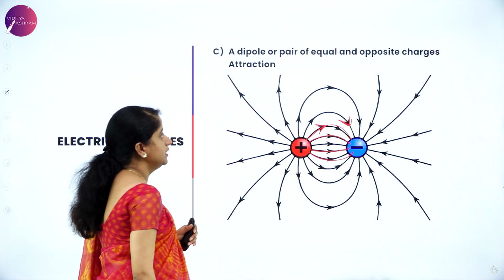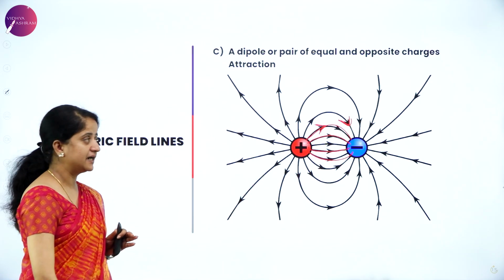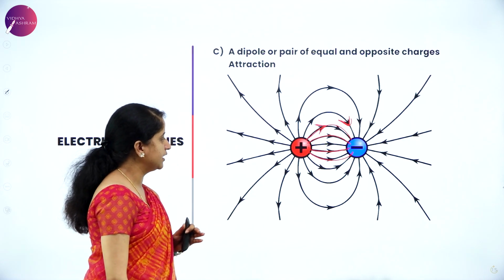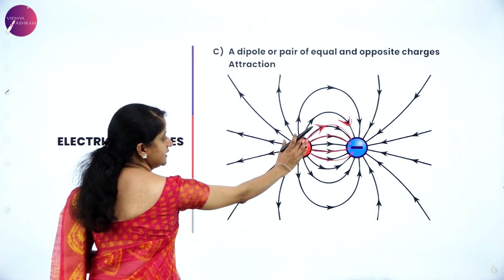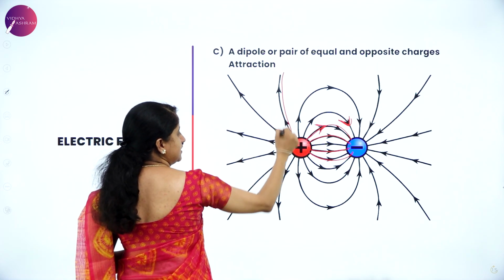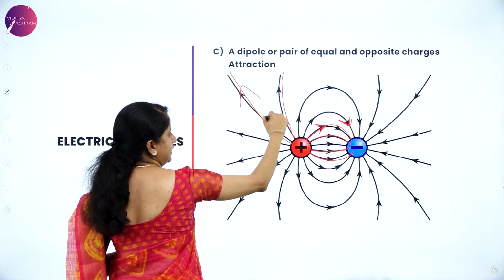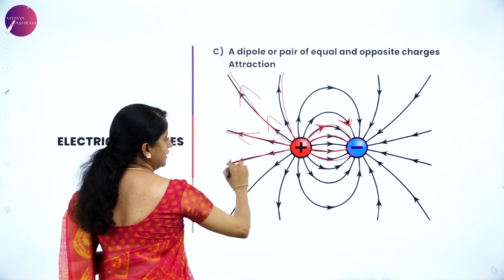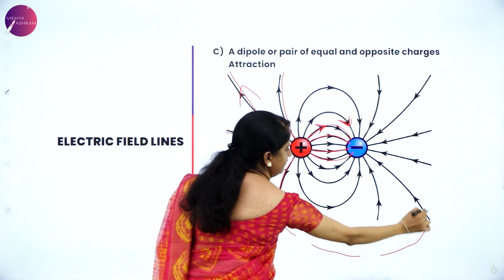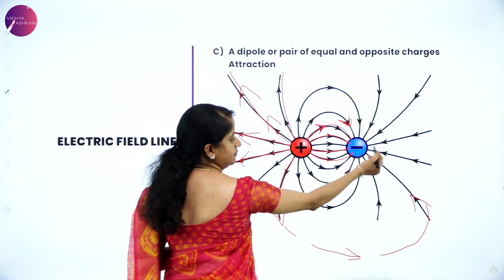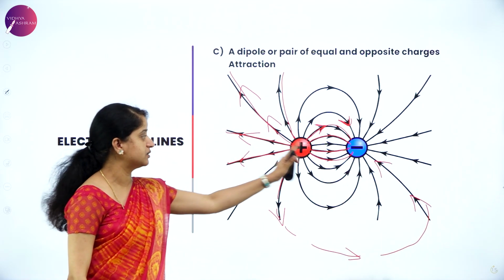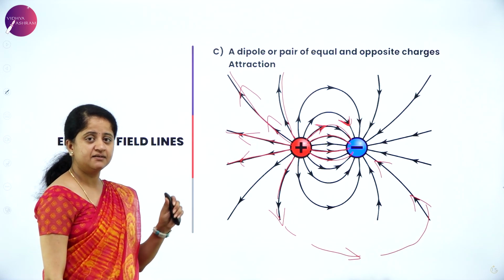So this is how electric field lines are drawn due to a pair of equal and opposite charges, that is a dipole. Consider the positive charge, you can observe the electric field lines are radially outwards everywhere, and if you continue this curve it is outwards, and while going to the negative charge it should be inwards. This is how the direction of electric field lines must be.